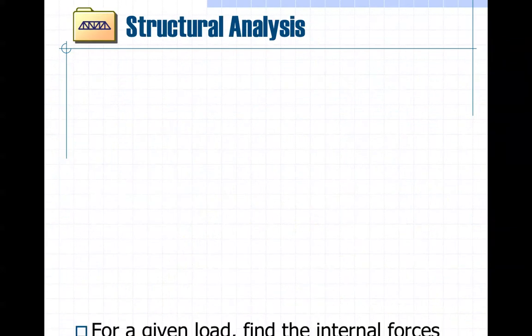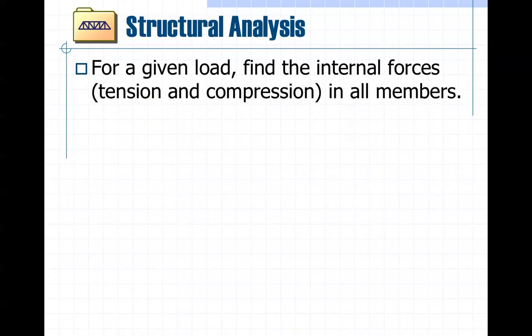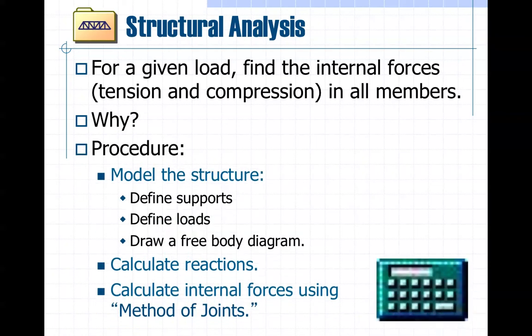Okay, so how did we get those sizes? So for a given load of the internal forces, tension and compression, all members feel those, right? So how big do the members need to be? And what should they look like? That's what we're going to talk about here. So we're going to model the structure as I mentioned, right? So we'll define the supports and do a free body diagram just like I did in class.